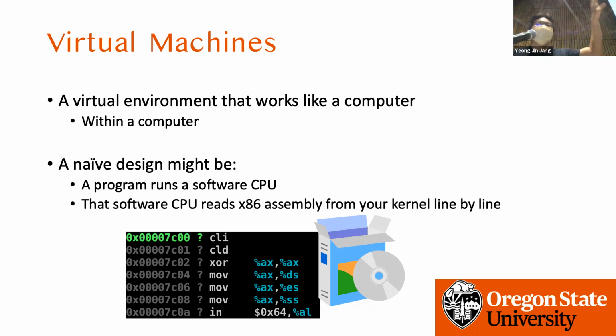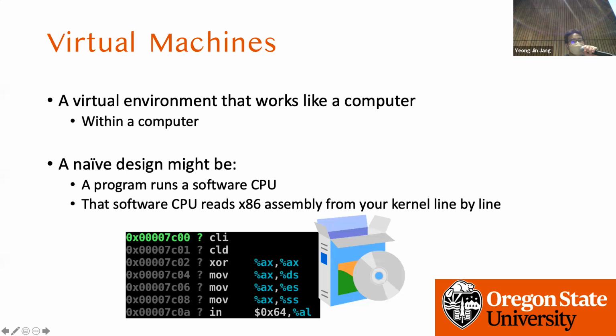You create an x86 CPU struct and put in all the registers, EAX, CR3, and so on. Then you create software that reads the kernel code instruction by instruction, interprets it, and runs it. That's basically how a virtual machine works.